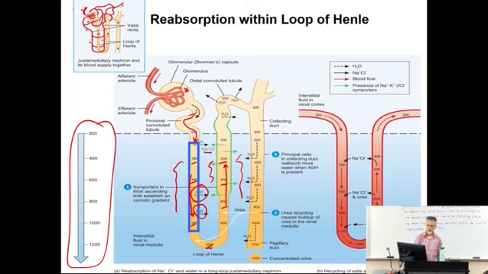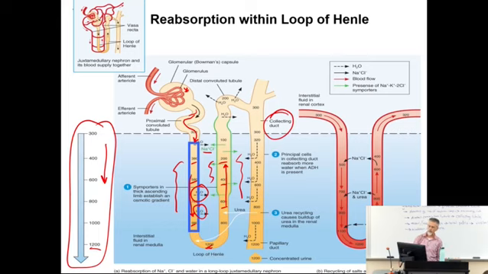So the nephron loop creates that corticomedullary gradient of 300 milliosmoles in the cortex down to 1200 milliosmoles in the medulla. And it creates that so that the collecting duct or the collecting tubule can use it to concentrate the urine as necessary.